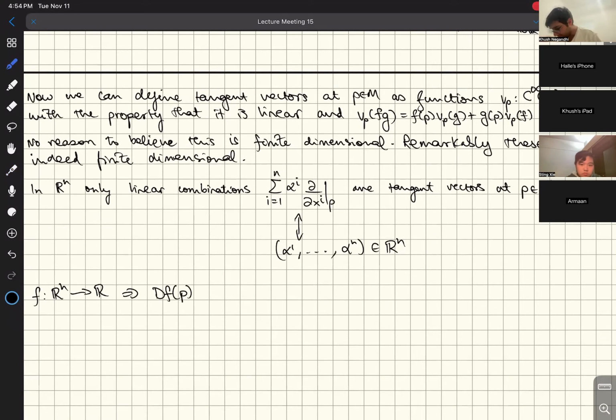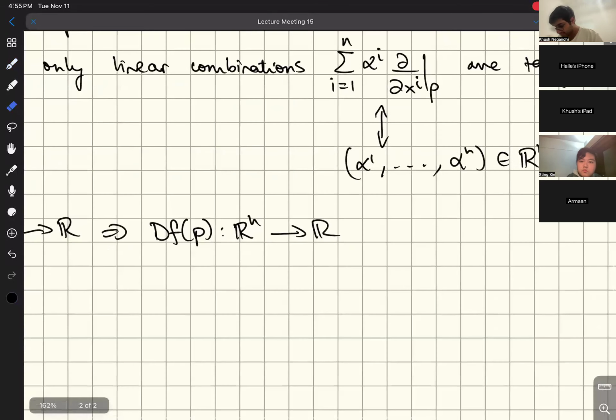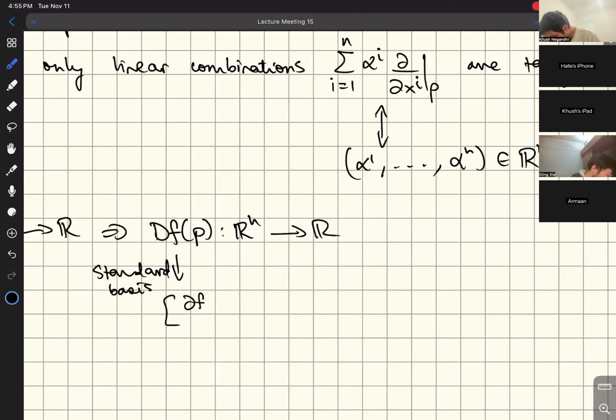If you recall, this is a linear map from Rn into R. Moreover, in the standard basis, this thing has representation partial f over partial x1, partial f over partial x2, and so on. This is just the usual Jacobian matrix of a function from Rn into R.